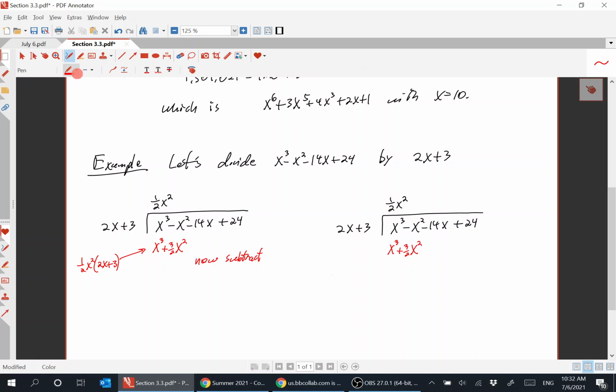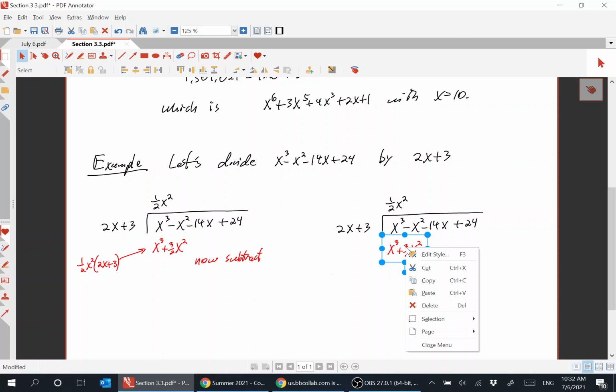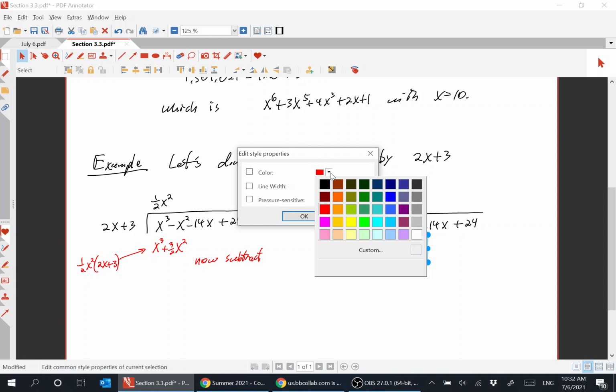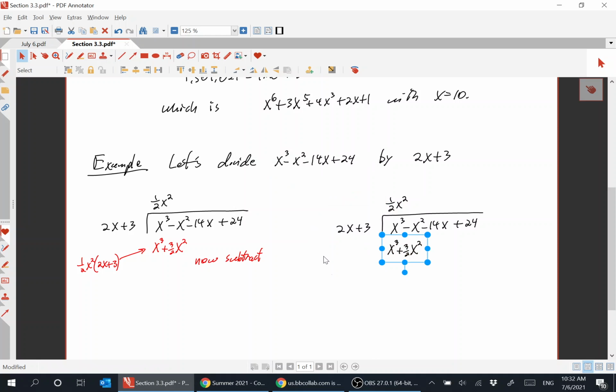So what I need to do is flip the signs. Or if you want, I could just put it right here. So negative 1/2.